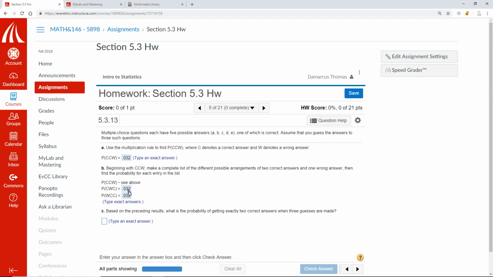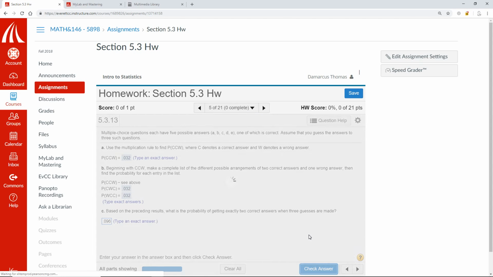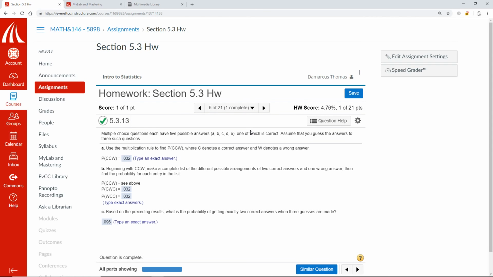Now, if I were to add them all up, it'd be 0.096, I believe. Guessing on all three and getting two of them correct is already a less than 10% chance.